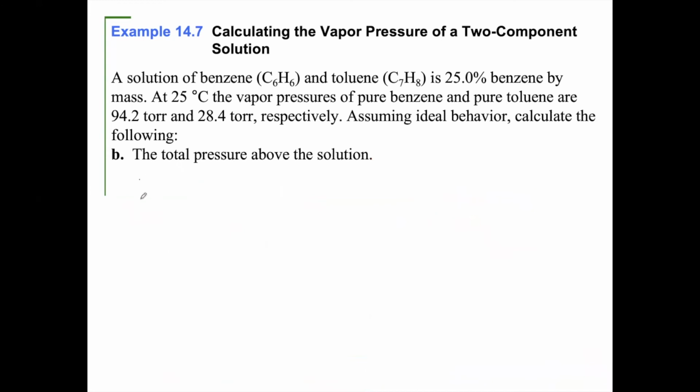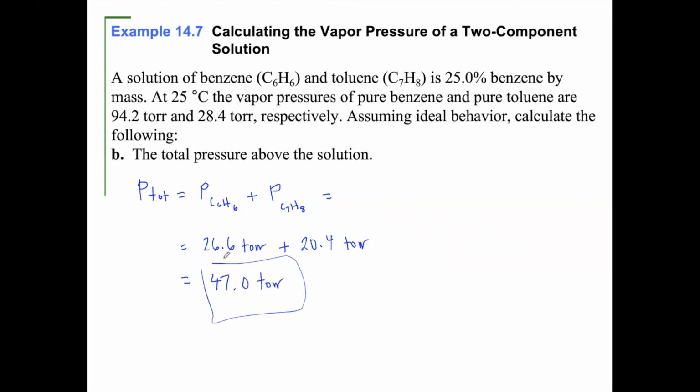Well, we know that the total pressure is going to be the sum of the individual pressures. 26.6 torr plus 20.4 torr. So 47 torr is the total pressure above the solution. Okay, so you're just adding those together.